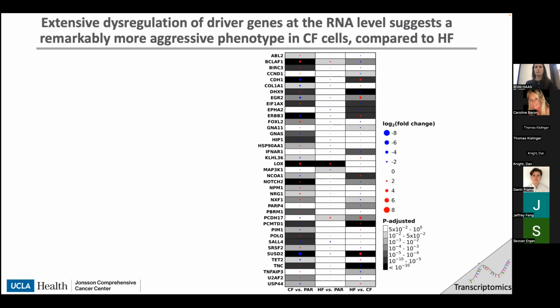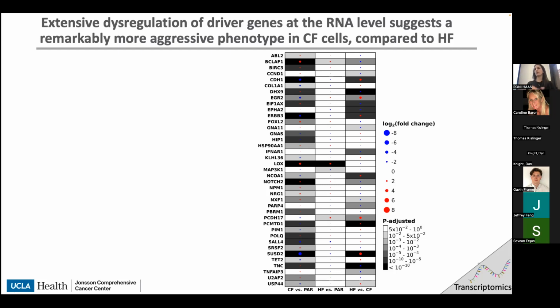If we think about what we have seen so far: first, we saw that CF has more mutations. Second, we saw that at the RNA level, in terms of cancer-related genes, the dysregulation was far more noticeable in CF. And all of this pretty much makes sense, right? Because CF is characterized by small radiation doses.